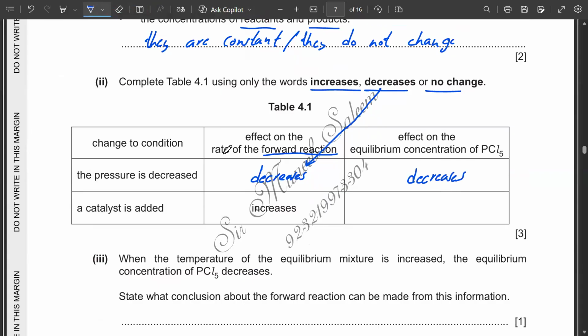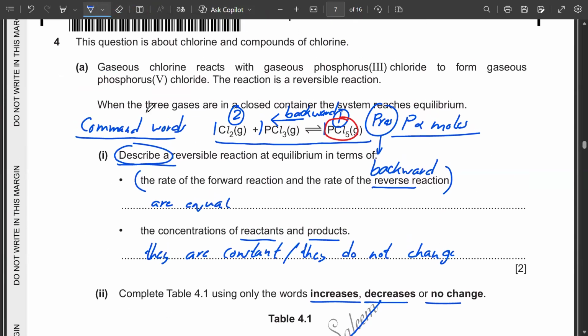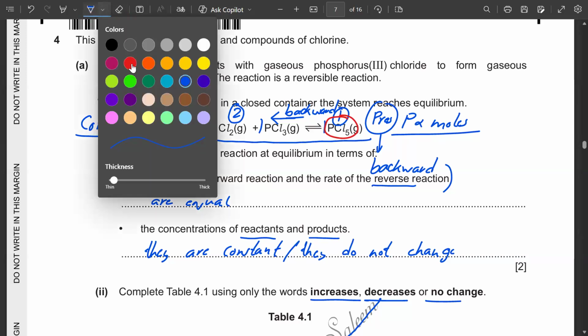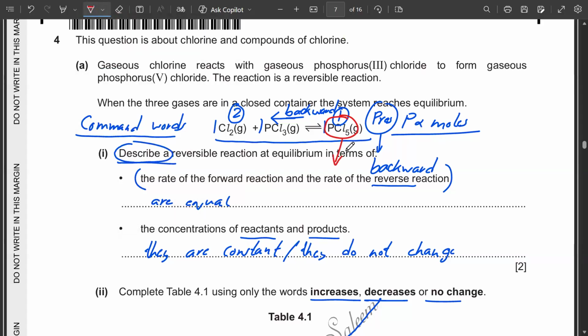I hope it's clear to everyone, because we have just understood from the logic that decreasing the pressure must shift the equilibrium towards the reactant side, and if it is moving towards the reactant side, then the concentration of PCl5 will decrease.